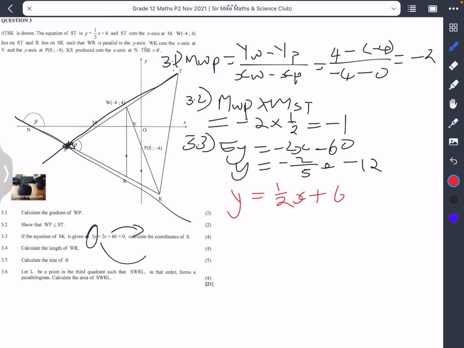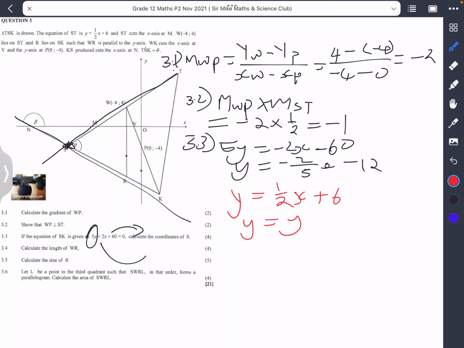What I'm going to argue is that the y coordinate of this line at that point would be equal to the y coordinate of this line at that point S. So I'm going to say y equals y.